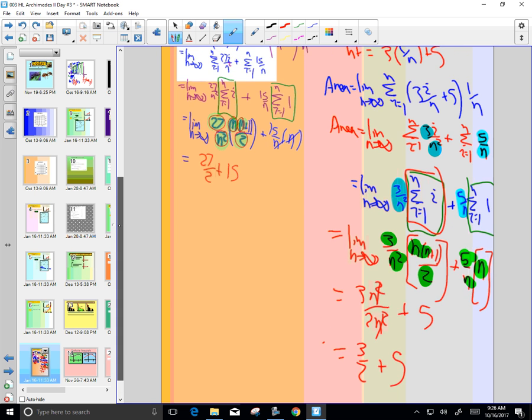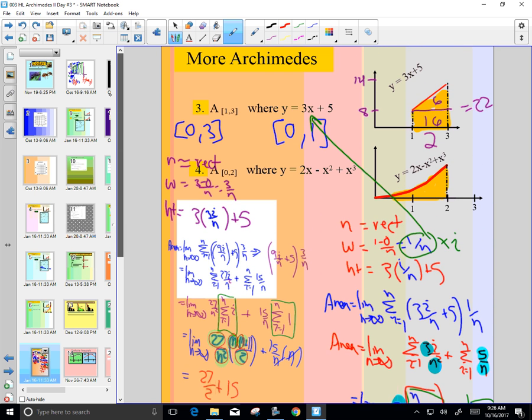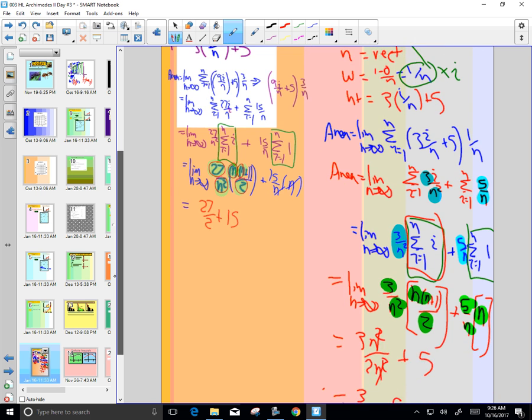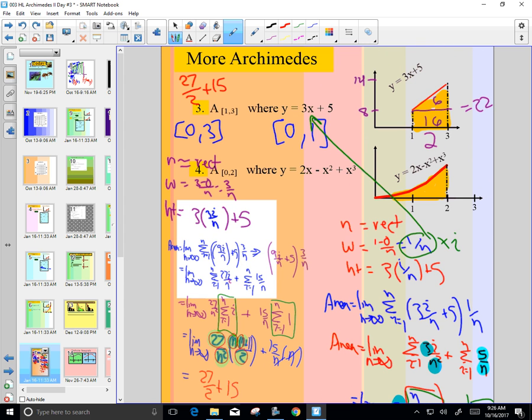Doing all right? So when we get to the top here, 0 to 3 was 27 halves plus 15. 0 to 1 was 3 halves plus 5. What do you do with 0 to 1 and 0 to 3? You subtract them.